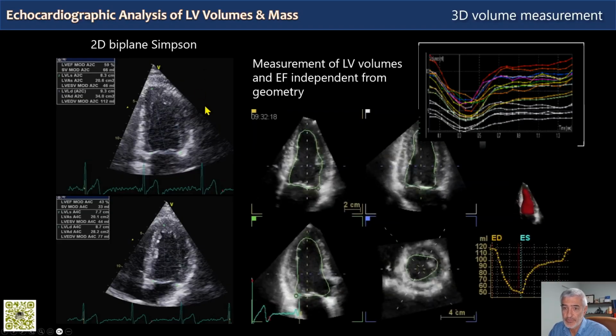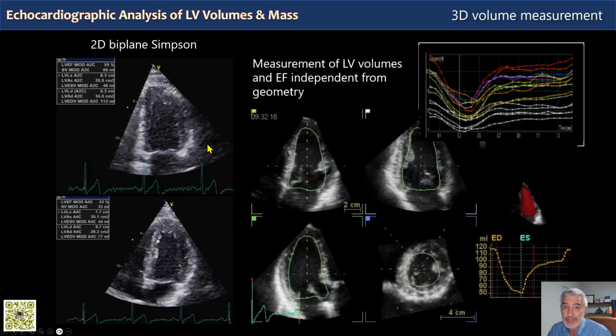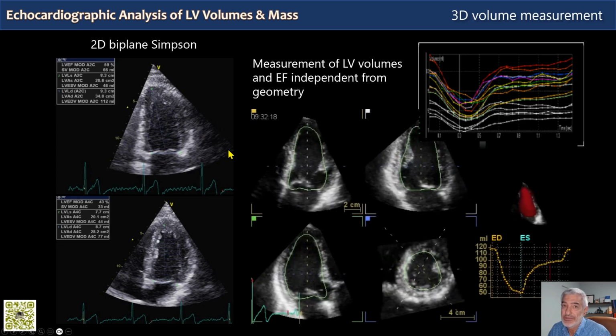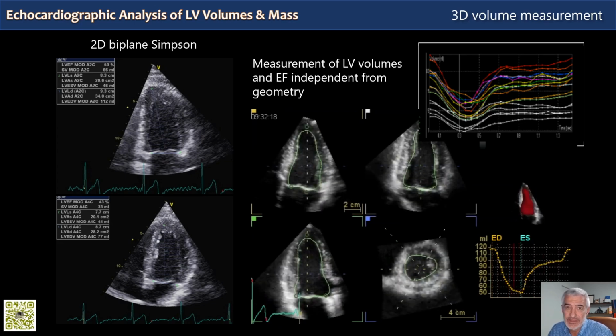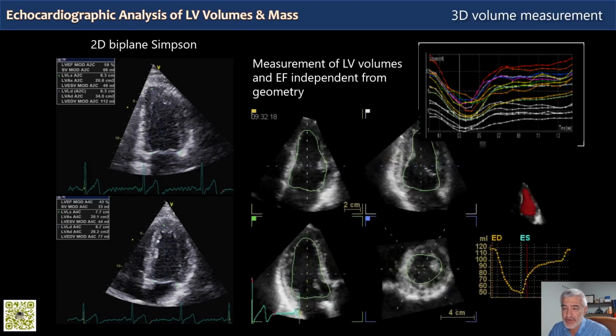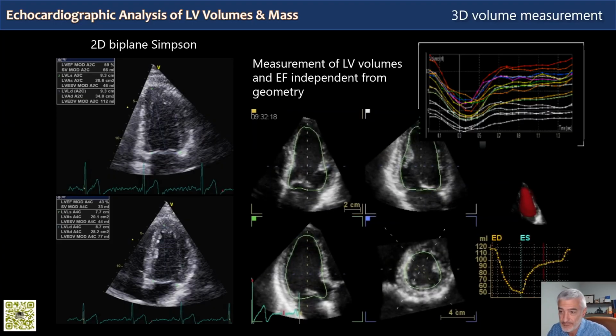And finally, for those who have at their disposal, the lucky ones, a 3D probe, there's the 3D option, which is independent of any geometric assumption and provides more accurate volumes and ejection fraction, after the necessary learning curve, of course.